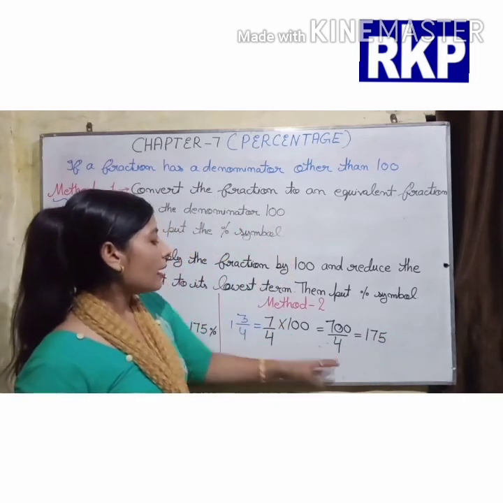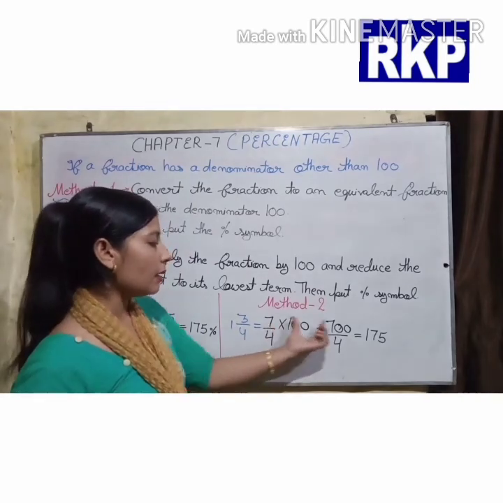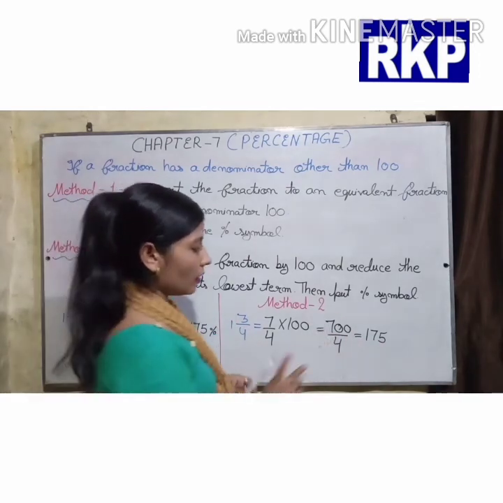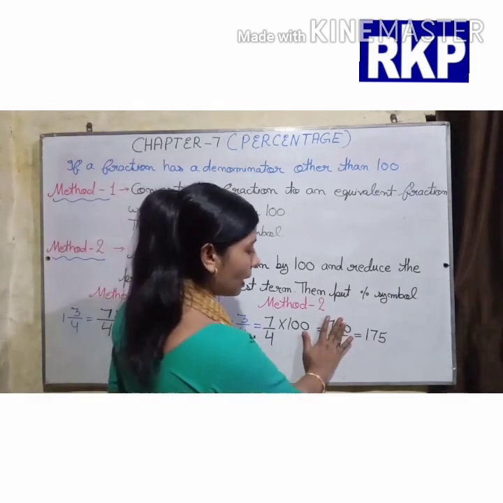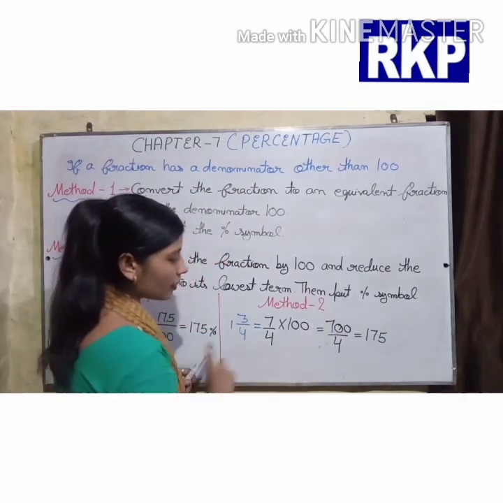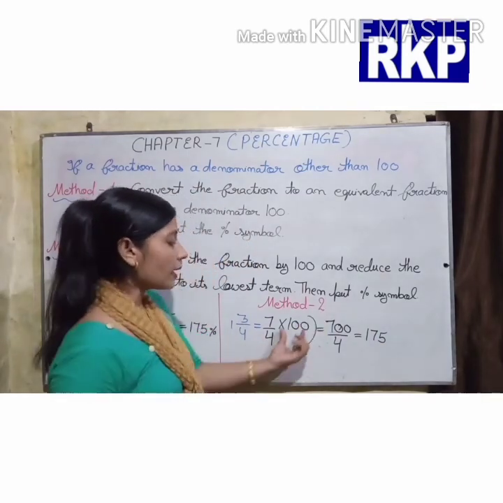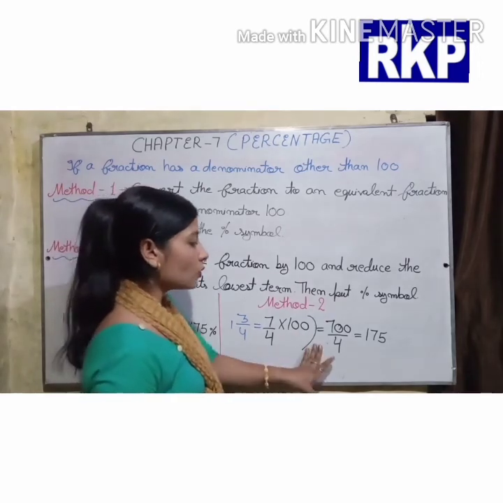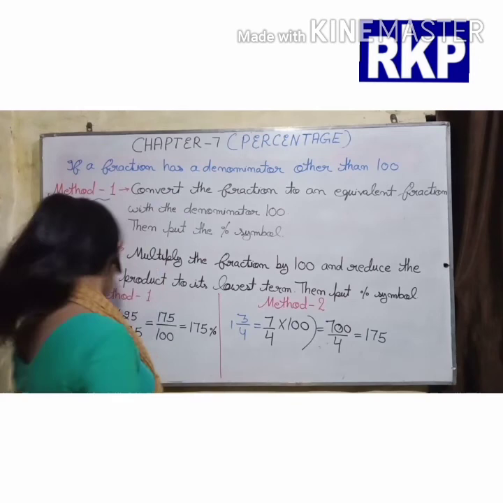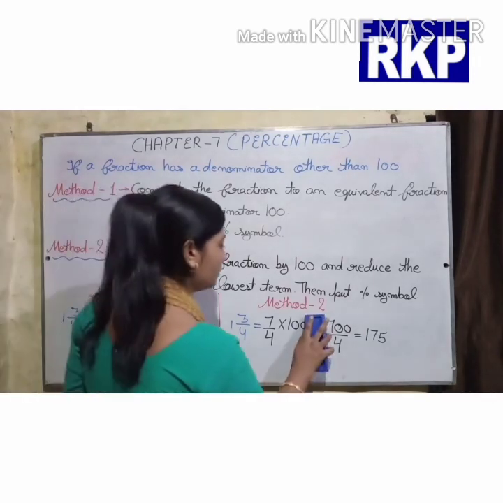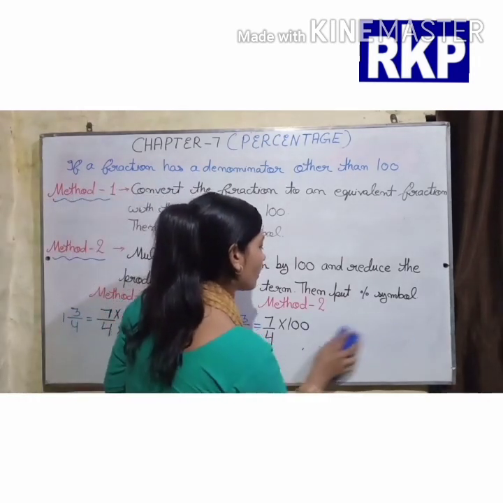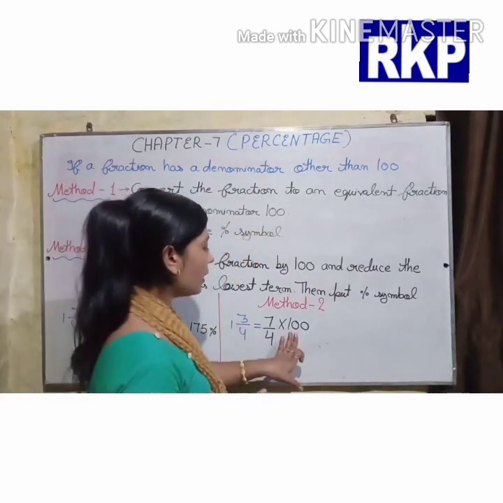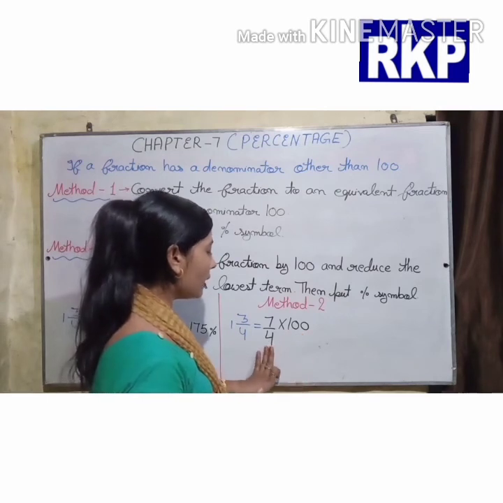Here beta, what I have done is, I multiplied directly and then divided it by 4. But here, before multiplying, what can we do? Here we can cancel this 100 and this 4. Let us see how we can cancel this. Now beta, here we have 100 and here we have 4.